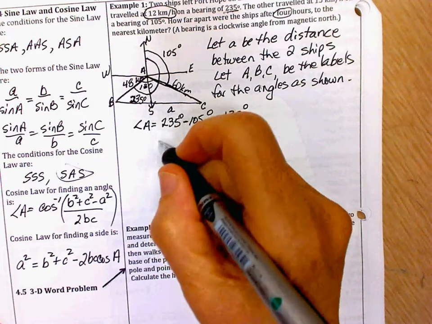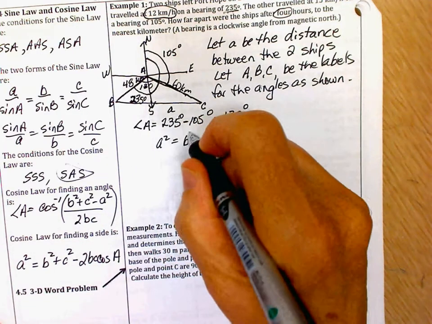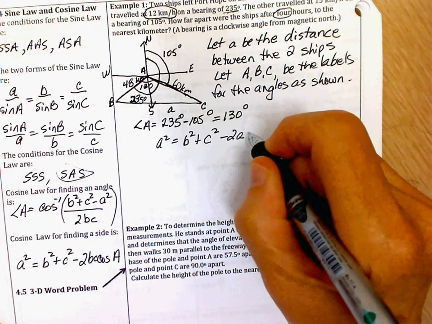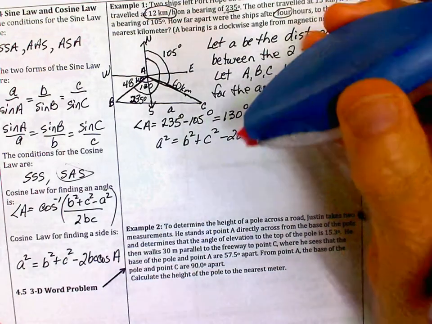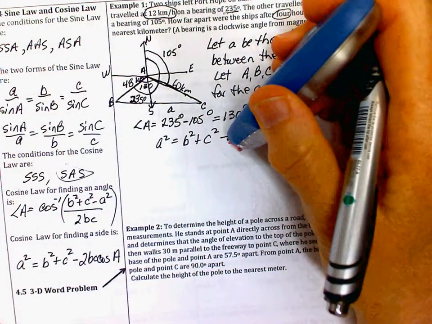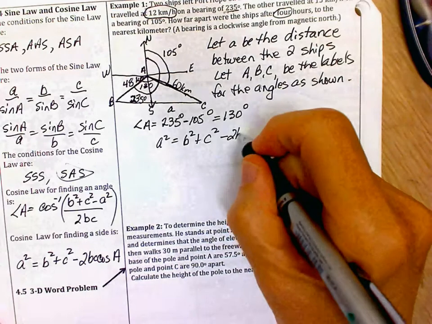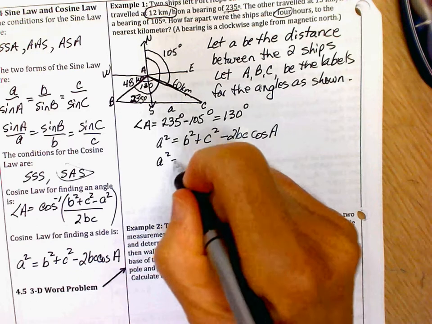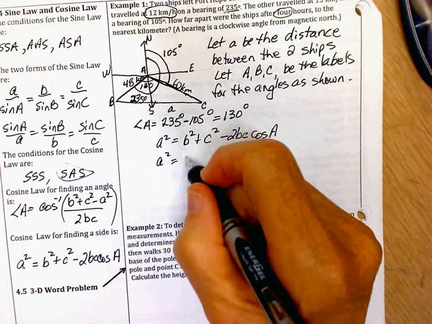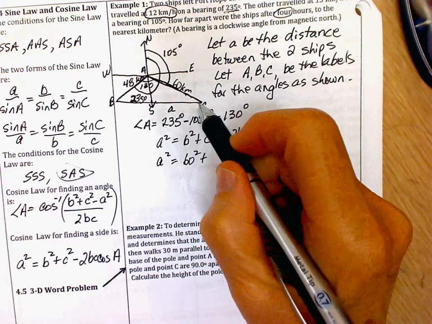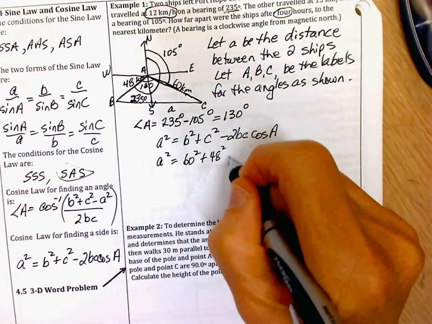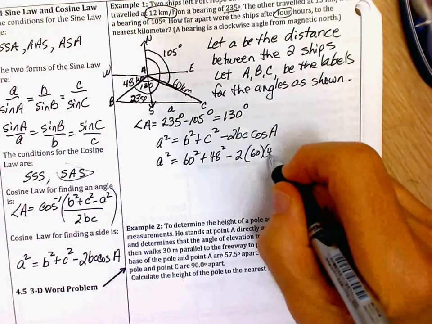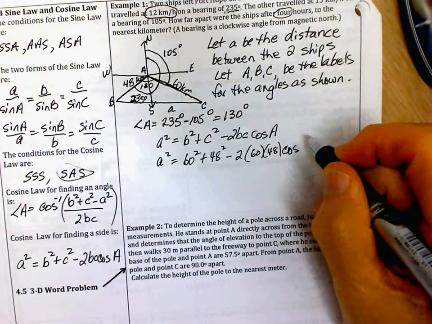A squared equals B squared plus C squared minus 2BC cos of A. So let's plug it in. A squared equals, now B is 60 squared, and C, opposite to C, is 48 squared minus 2 times B, which is 60, 48 cos of angle A is 130 degrees.